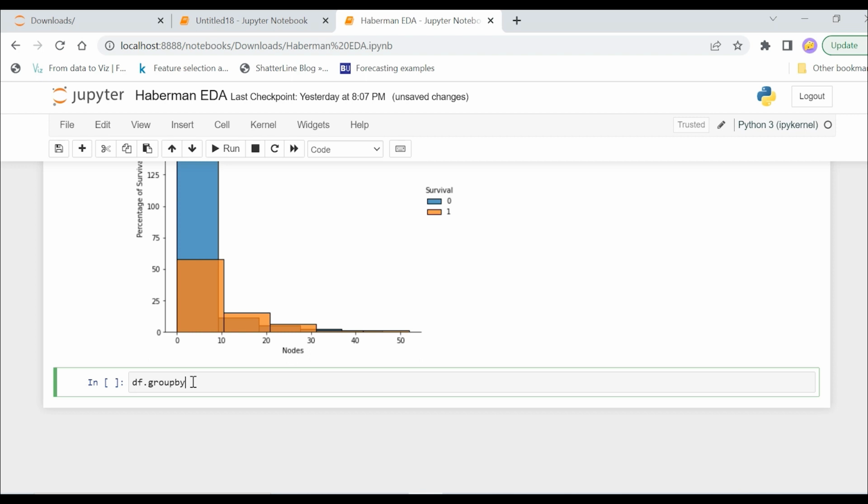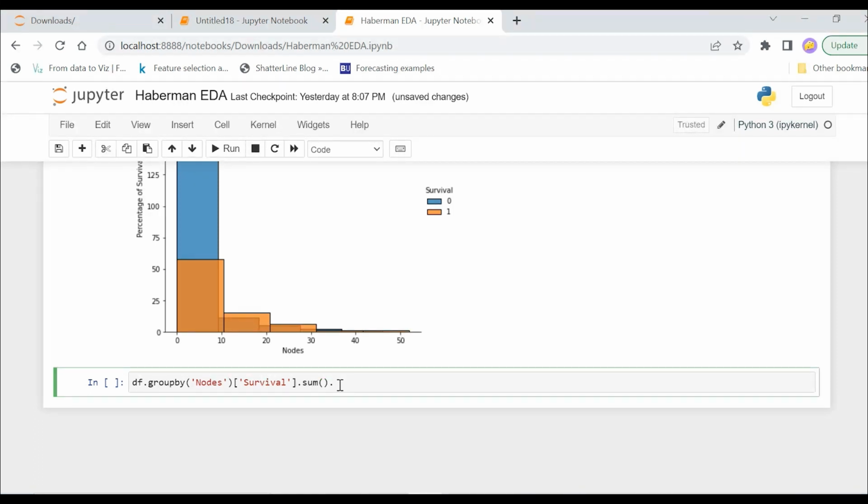So I would like to say group by nodes, survival dot sum. Remember, because of this function only I had replaced the values 1 and 2 with 0 and 1, because I wanted the person who will be living lesser than 5 years to be 1, so that if I sum them up I could know how many persons there are.